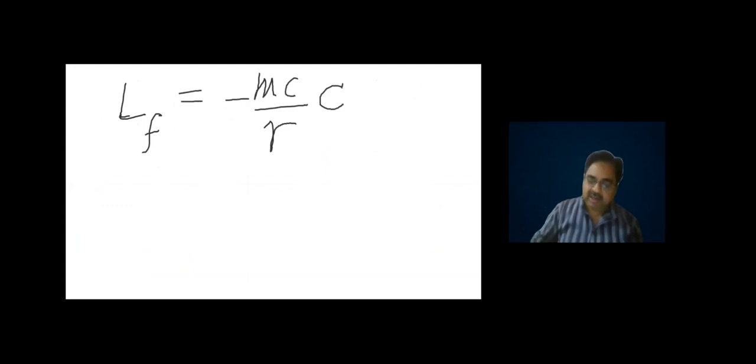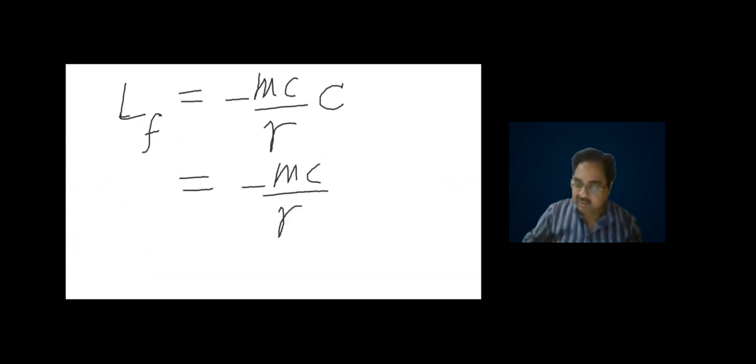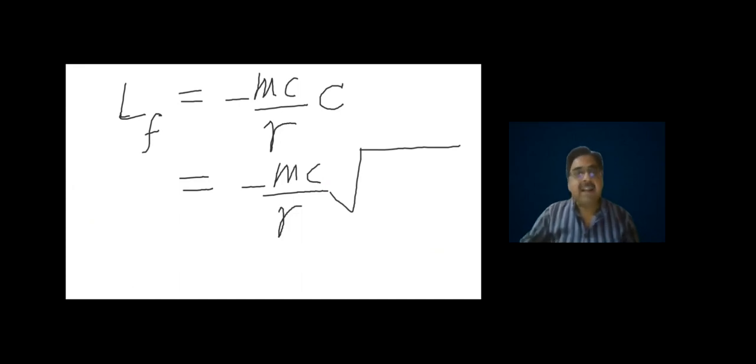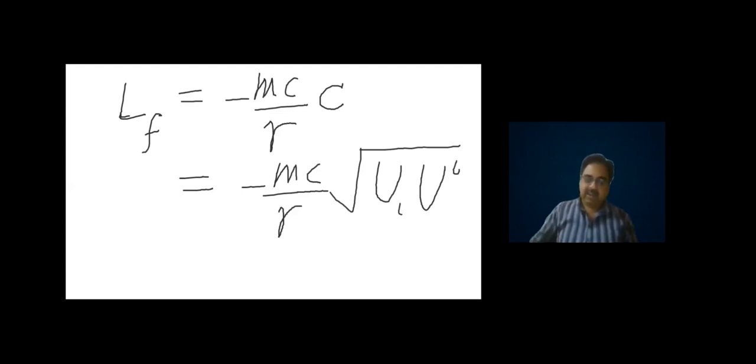L_f, I said, is equal to minus mc square by gamma, and I write it like mc into c, which can be quickly written using the four vectors. The c, you all remember, is the magnitude of the four velocity of a particle. So the four velocity is u^i, so you will write here u_i u^i, and so you have written it now in the manifestly covariant form, right?